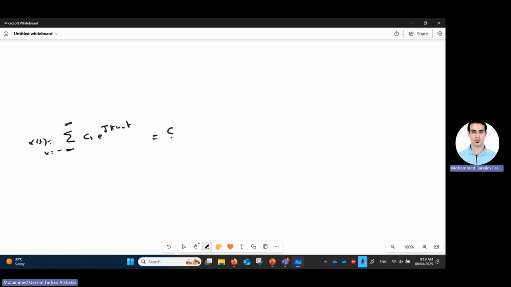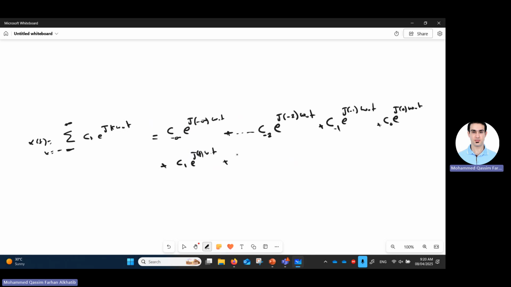So this is c of negative infinity e to the power j negative infinity omega naught t, plus a lot of terms, then c of negative 2 e to the power j negative 2 omega naught t, plus c of negative 1 e to the power j negative 1 omega naught t, plus c of 0 e to the power j 0 omega naught t, plus c1 e to the power j 1 omega naught t, plus c2 e to the power j 2 omega naught t, all the way to c infinity e to the power j infinity omega naught t. That's the summation, expanded over all values of k.